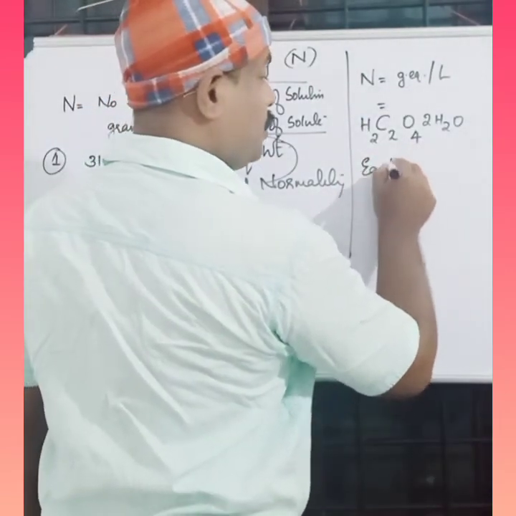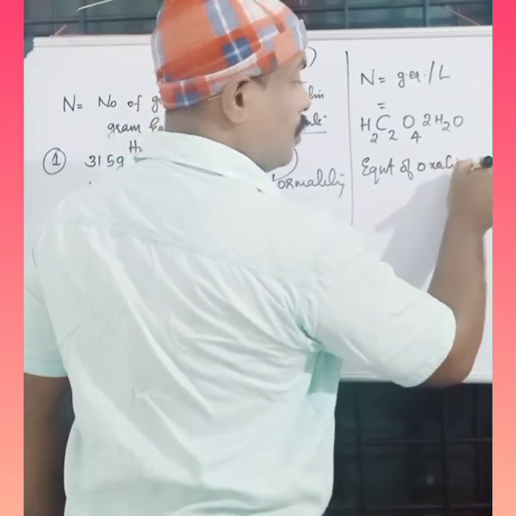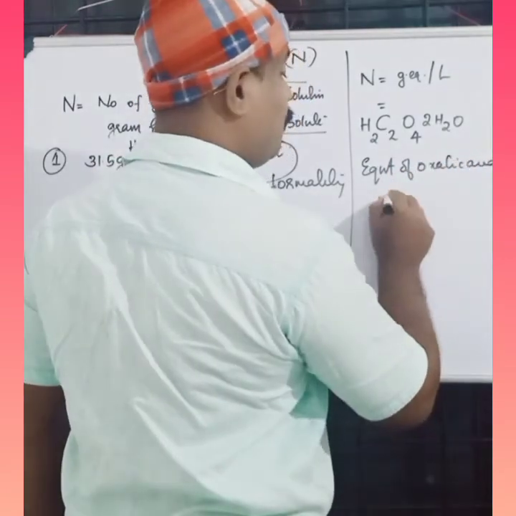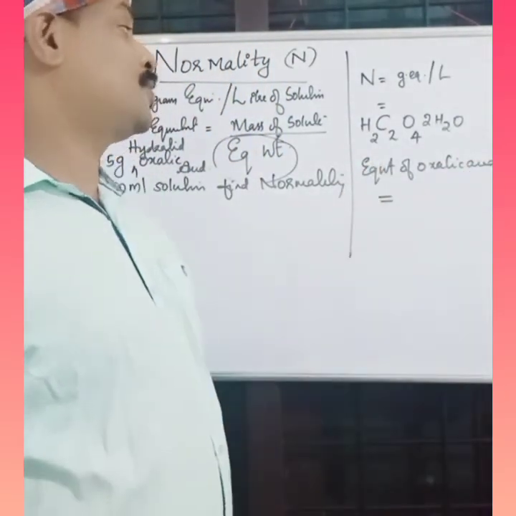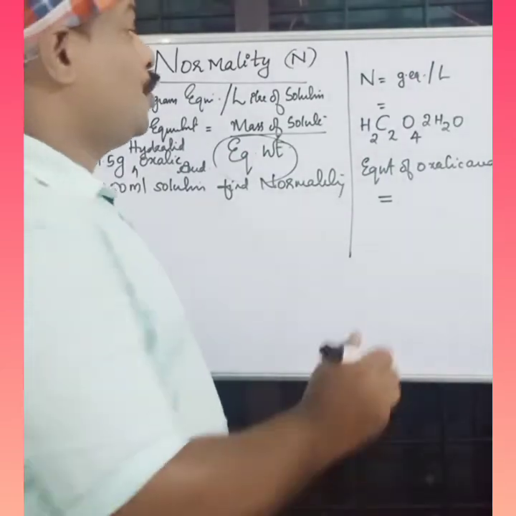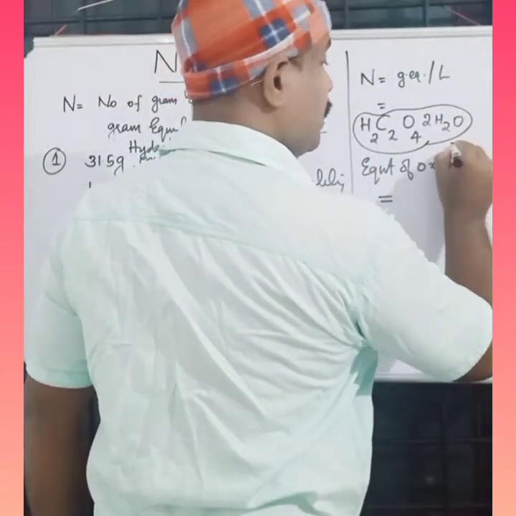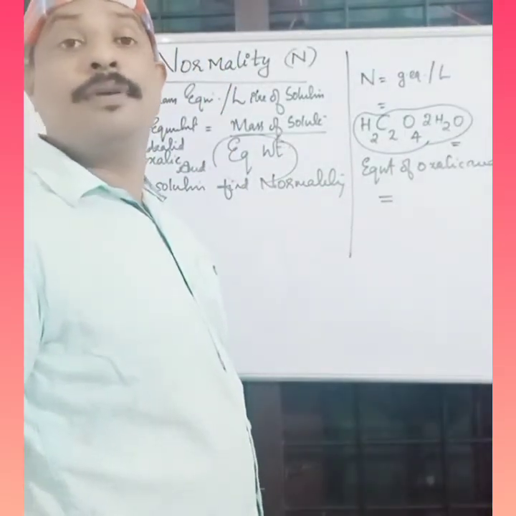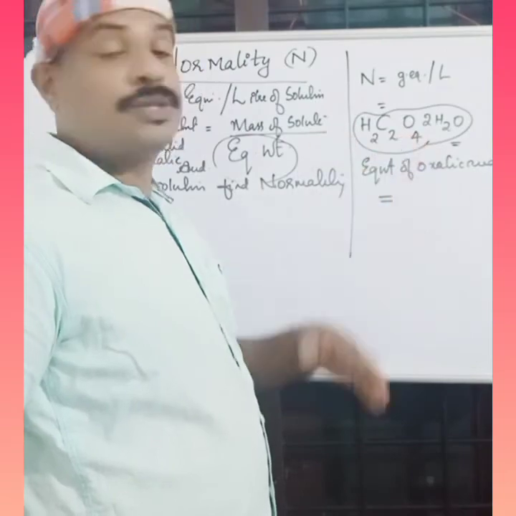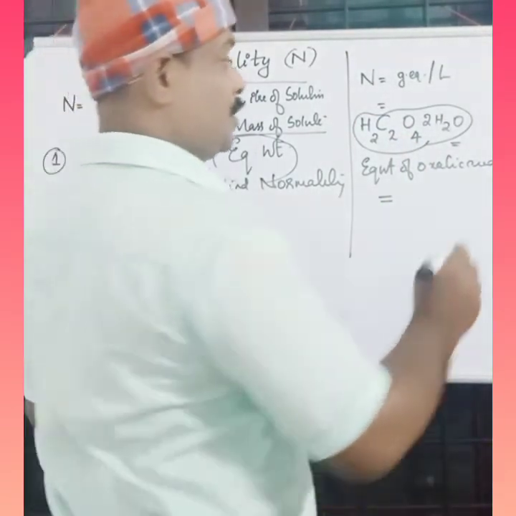Let us find the equivalent weight of oxalic acid. For this, you should calculate the molecular mass of oxalic acid. For easy calculation, I directly give you the molecular mass: the molecular mass of oxalic acid is 126.